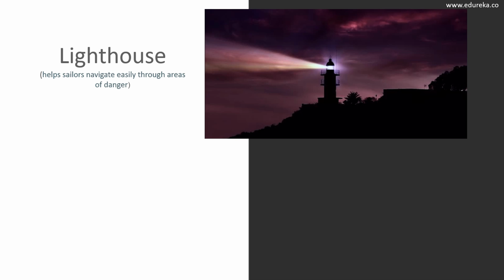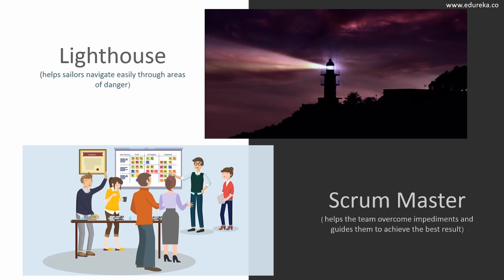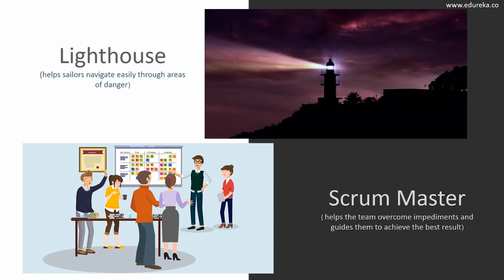A lighthouse helps sailors navigate easily through areas of danger and harbor entrances, and reach the shore safe and sound in one piece. Similarly, a Scrum Master helps the team overcome impediments and guides them to achieve the best result at the end of every sprint. He ensures that the team understands and lives by the values and principles of Scrum.